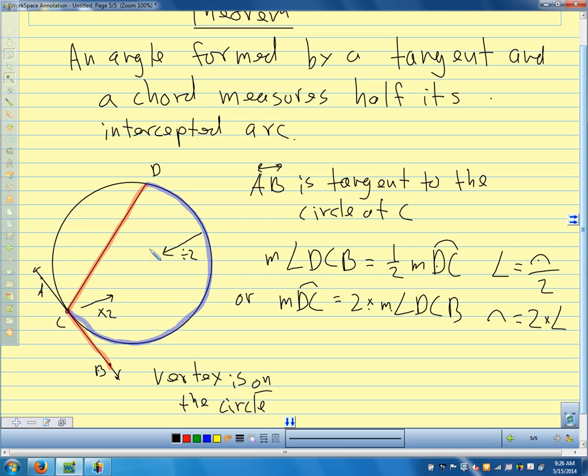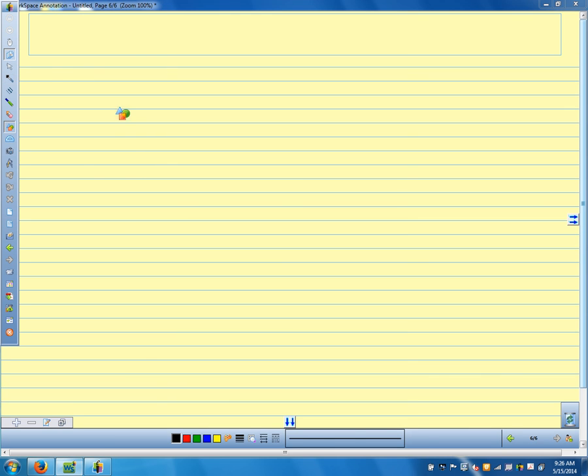And this rule would still work to measure that angle if we were tangent at a diameter or a radius. Because if we were tangent to a diameter, what would this arc be? Let me draw a picture. If we had a diameter like so, this is a diameter, and here's my tangent.